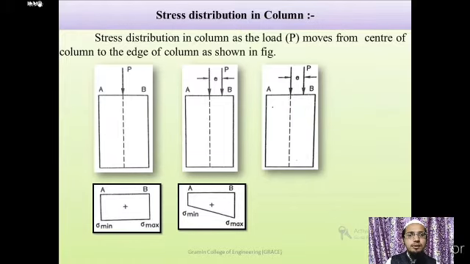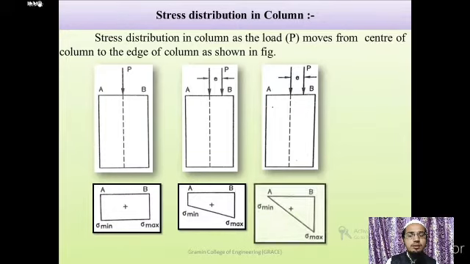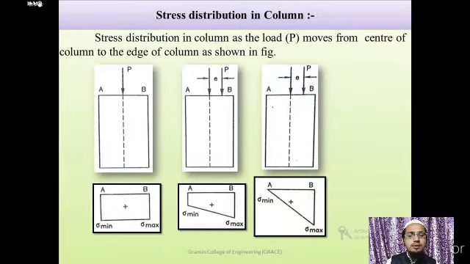Now if we further increase the eccentricity of the loading up to a certain limit, such that sigma minimum becomes 0, or the point up to which the direct and bending stresses become equal, then such a point of eccentricity is termed the limited eccentricity.